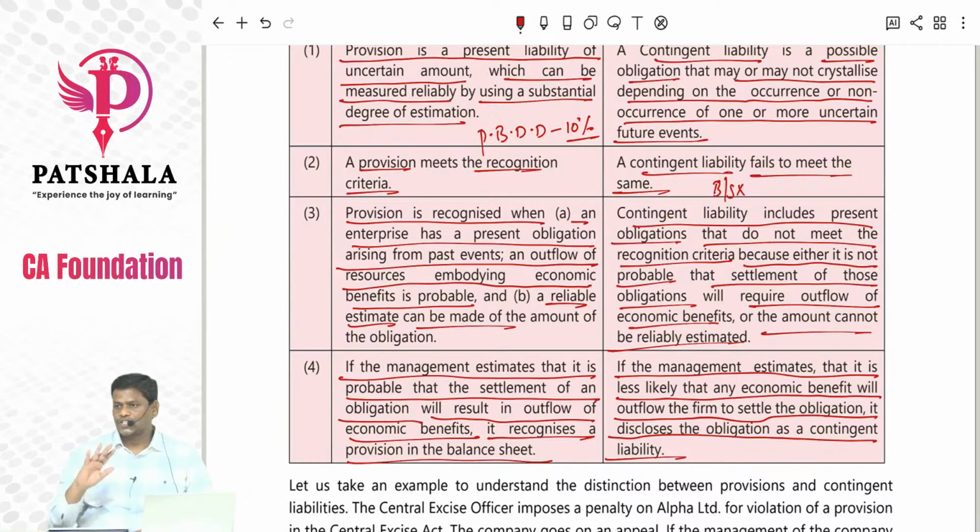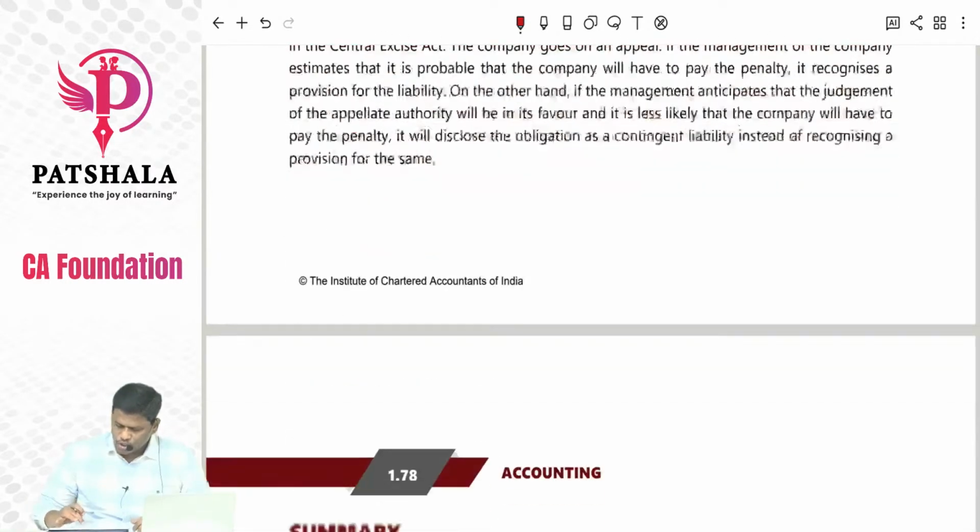Done? That's it. This is what a contingent asset, liability, provision and normal liability are. Clear? Chalo, let's do quick bits on this.